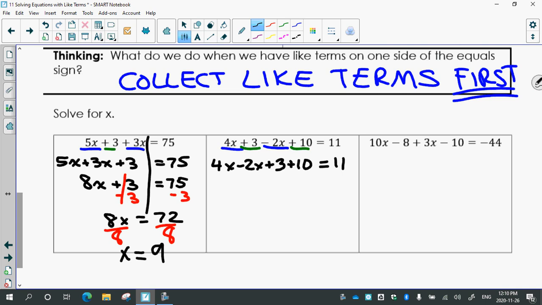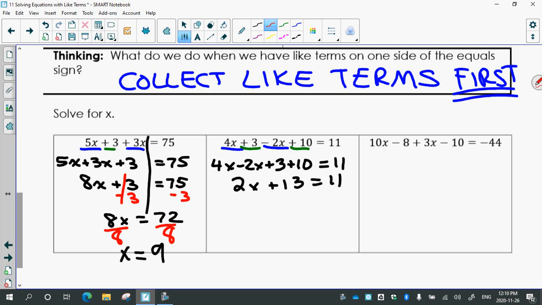Okay, so once you've collected your like terms, no matter what your way is, how many people got 2x plus 13 equals 11? 2x plus 13 equals 11. Okay, good. Way to go, Nathan. All right, then what did you do next, Nathan?